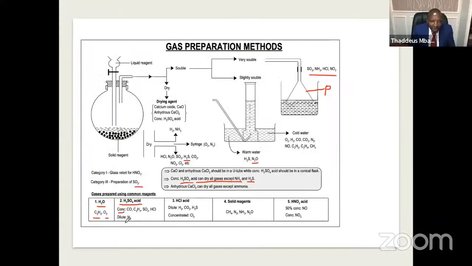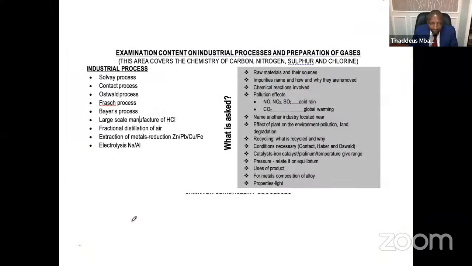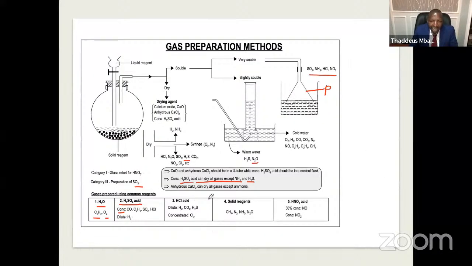Then we have the one that uses dilute sulfuric acid. We have the case of hydrogen gas. This is now the octopus technique, meaning your work is very easy. The gases that use hydrochloric acid can be dilute or concentrated. For concentrated hydrochloric acid, it is only chlorine.